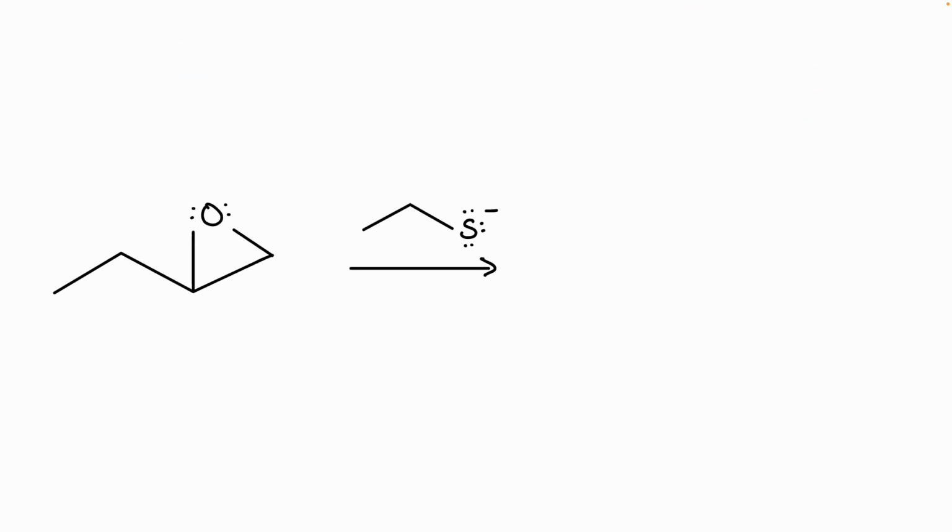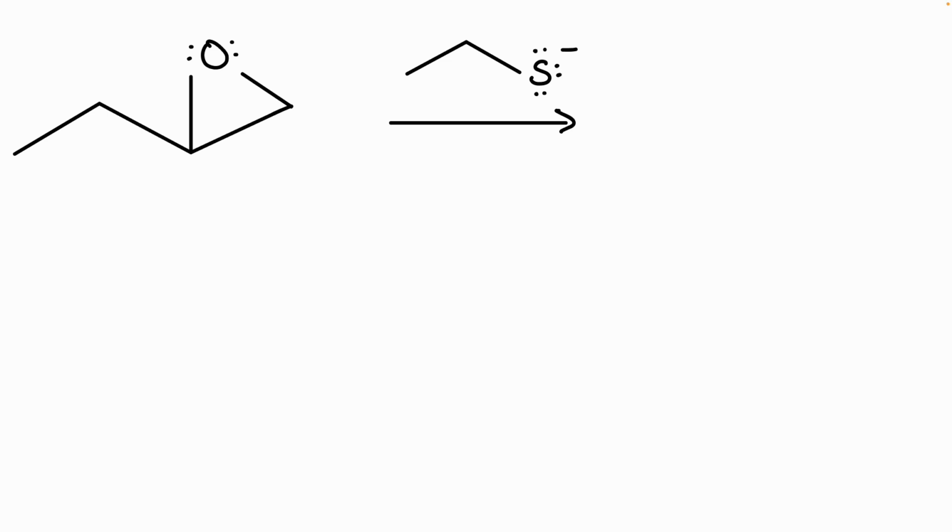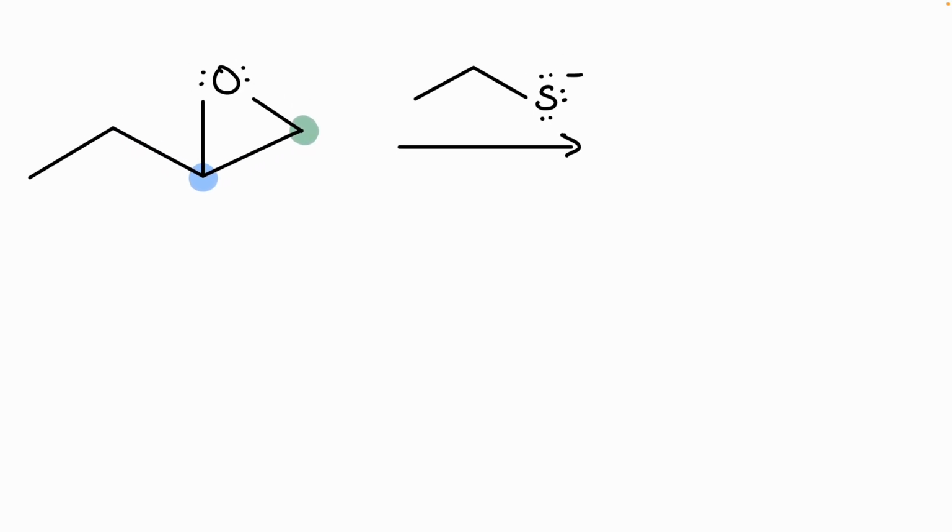Cool, we got our nucleophile attached to this formerly carbonyl carbon that still has that oxygen bound to it. All right, let's do our epoxide reactions. These epoxide reactions, way more of a pain in the butt actually. I got these two carbons. Which one is going to be attacked by my nucleophile here, green or blue? Green, because it's a basic nucleophile, and that green one is more accessible. So I'm going to redraw my electrophile here.